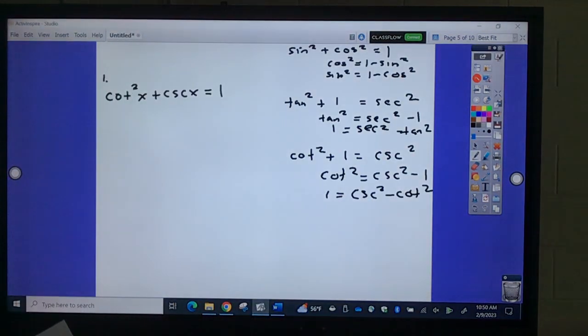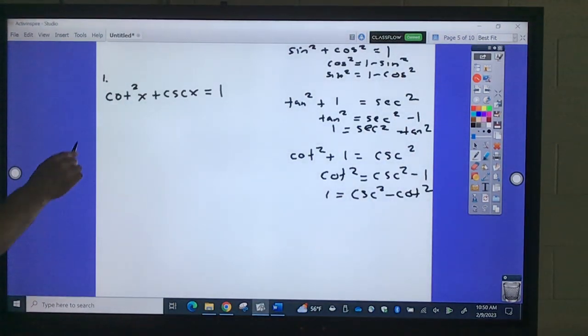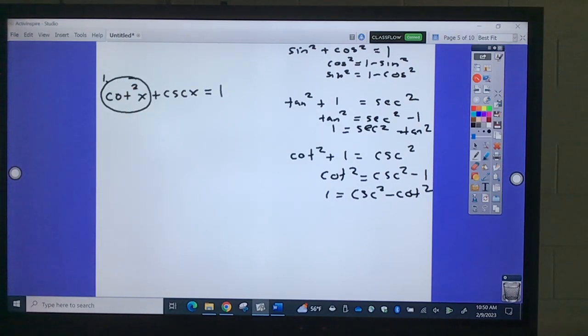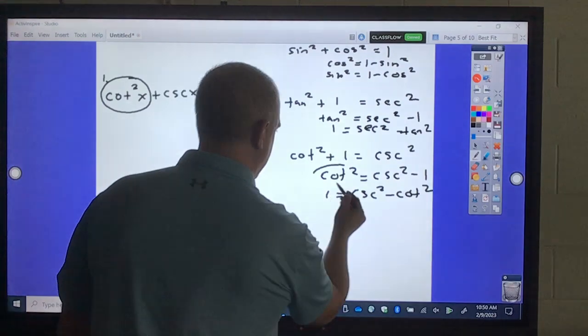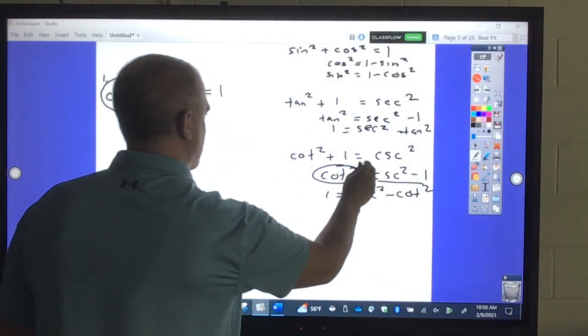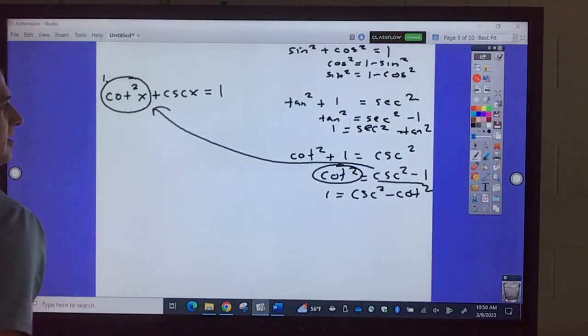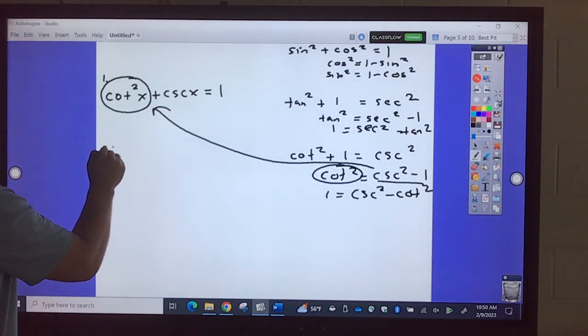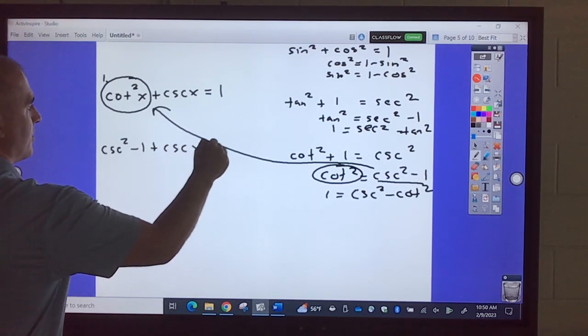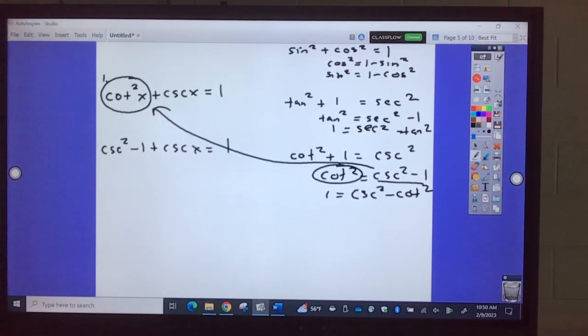Now, one thing you can try to do: do I have something that's just cotangent squared? Yeah, I got cotangent squared equaling this. So what I want to do is replace this with that. So I got cosecant squared minus 1 plus cosecant x equaling 1. So this is potentially a quadratic.